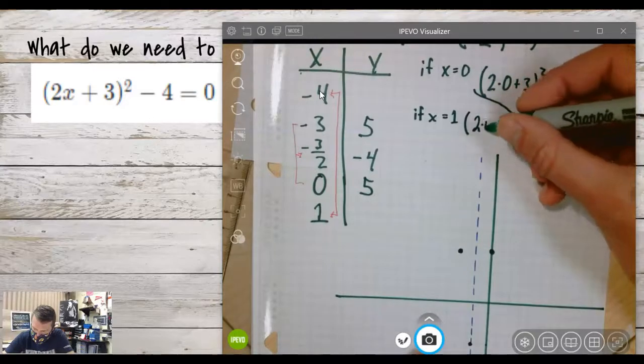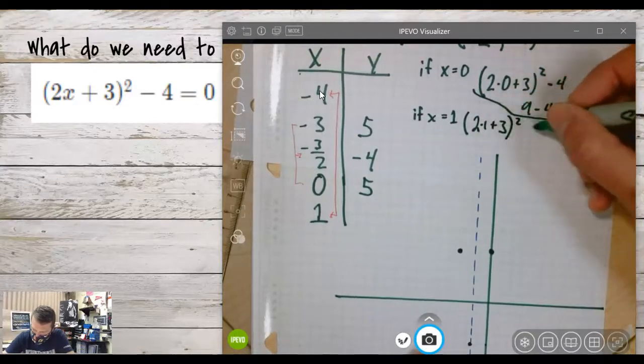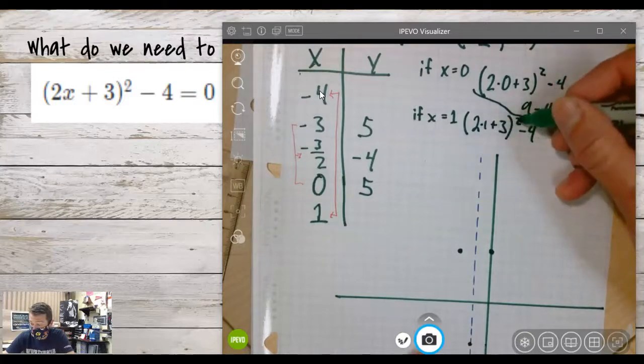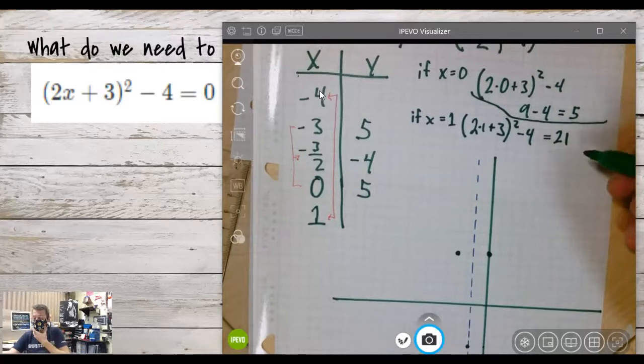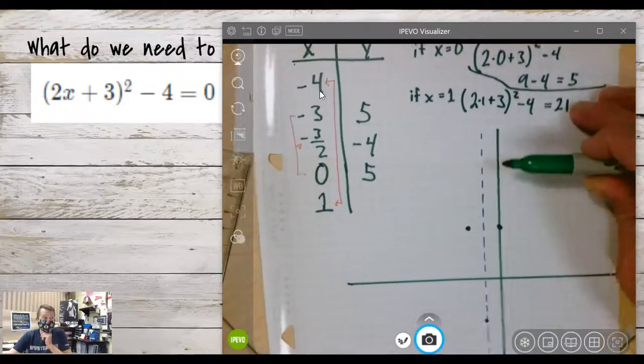I'm going to go ahead and write that just because. 2 times 1, 2 plus 3 squared. Ooh. It's going to get pretty big. Right? This will be 5 squared is 25 minus 4 is 21. Yeah, we can't really fit that. So if you want 5 points, if we can't fit 21 on our graph, what's another option?